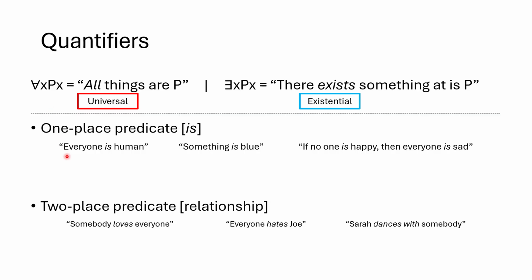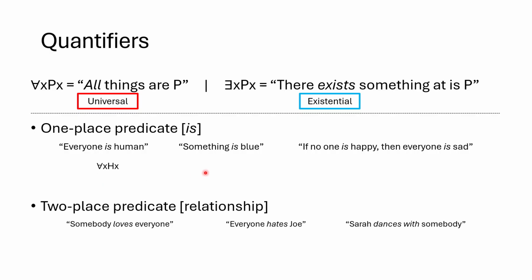If we look at our first statement, everyone is human. If we remember from the last slide, I said Colby is human. Colby is a constant. Everyone is a universally quantified sentence here. So we just attach the universal quantifier to the front of our predicate, and then place a variable in that one-place predicate position. I chose x, and that's just saying all things are human, or everyone is human.